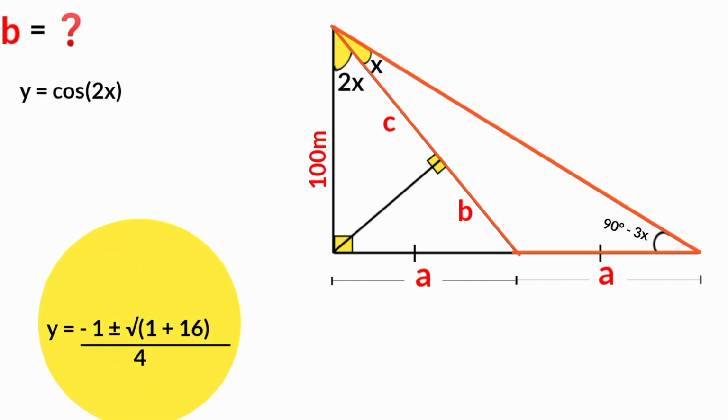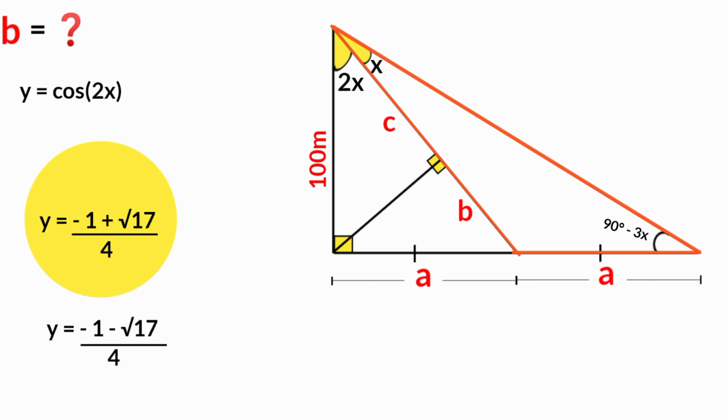So y equal to minus 1 plus or minus root of 1 plus 16 all over 4. 1 plus 16 is 17. So y equal to minus 1 plus or minus root of 17 all over 4. And from this, it's either y equal to minus 1 plus root 17 all over 4, or y equal to minus 1 minus root of 17 all over 4.